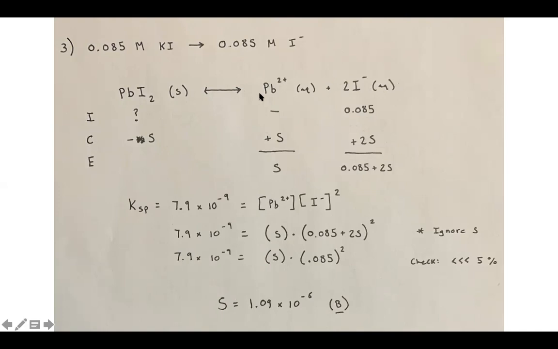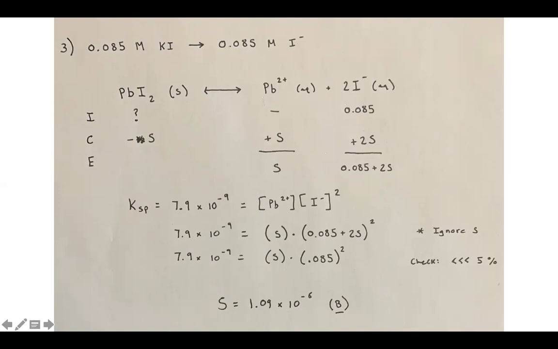For our product, we're going to have plus S for lead because it has a coefficient of 1, and for iodide, because it has a coefficient of 2, we're going to have plus 2S. And so at equilibrium, our concentration of lead is S, and for iodide, it's 0.085 plus 2S.